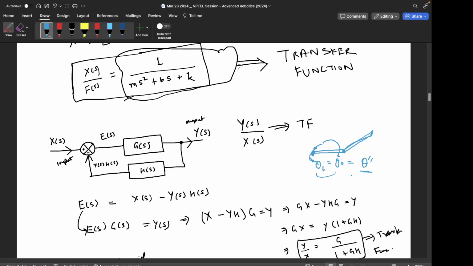Right. So as I mentioned, these things won't affect the system much. It's all a kind of reference thing. If you consider it as zero, that's good to go. If your zero reference is somewhere else, then this will have some non-zero value.